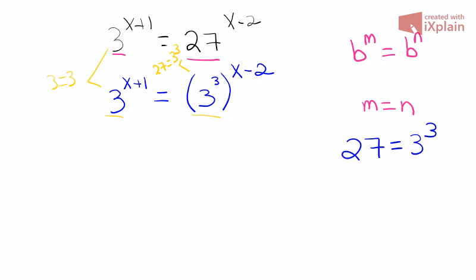Now that we've gotten that far, we can distribute our exponent here. So I get 3 to the power of 3x minus 6. And on the left-hand side, I still have that 3 to the x plus 1. Now I have the same base. So now I can use this property.